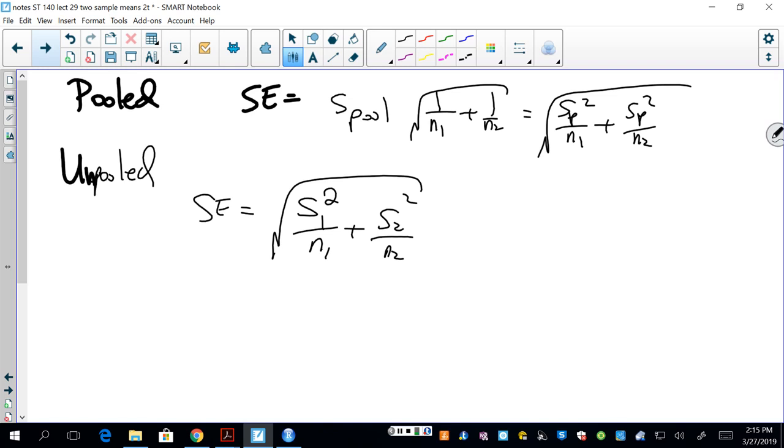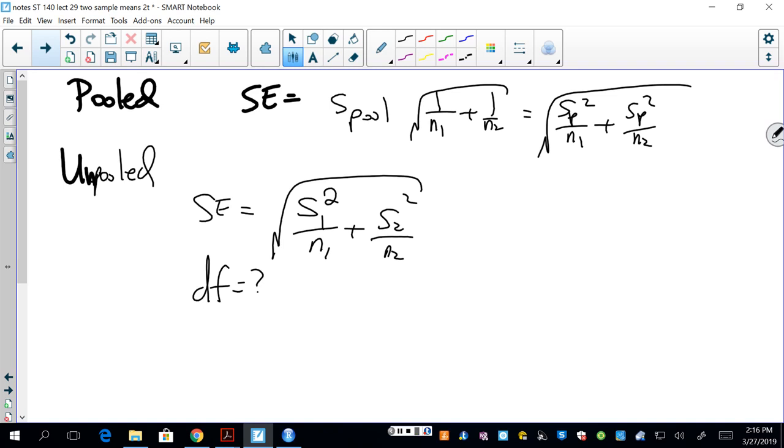Right? The other thing that it ends up doing is that the degrees of freedom for the t procedure aren't exactly determined. Right? There are ways that the computer does it, ways that it suggests you do it, but there's not an exact solution.